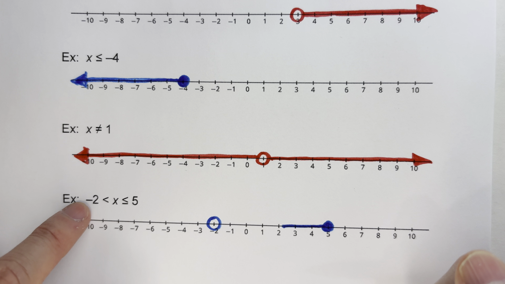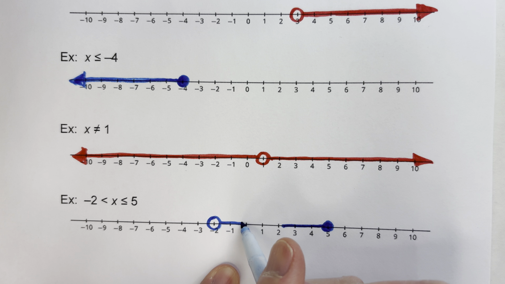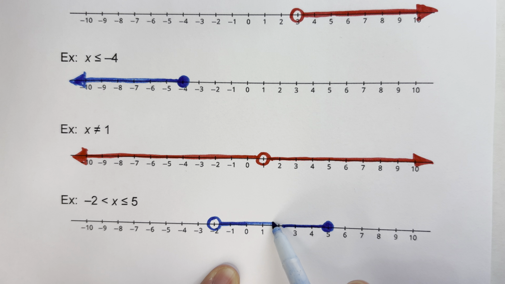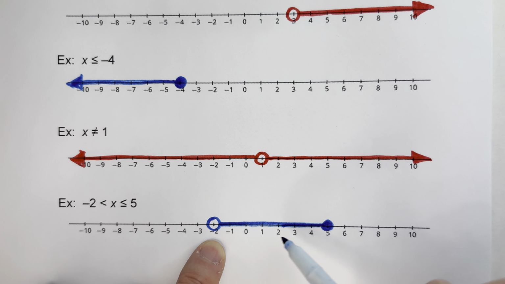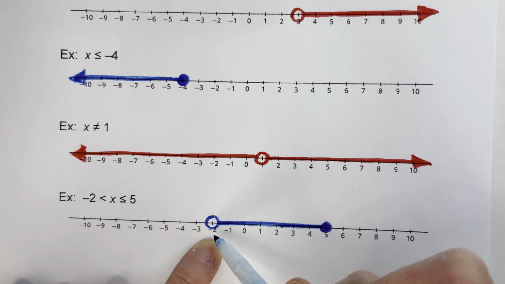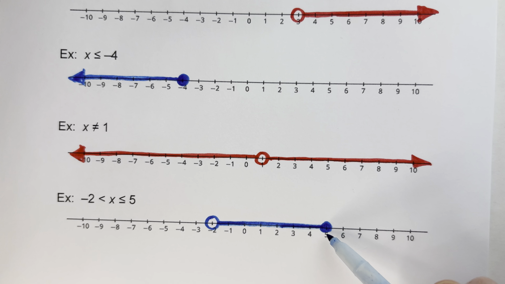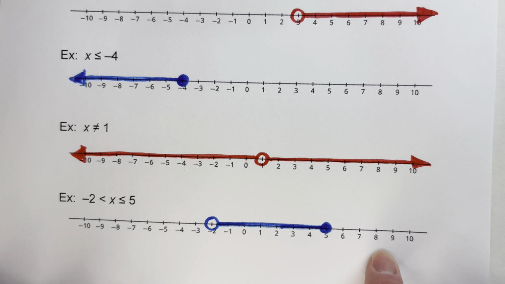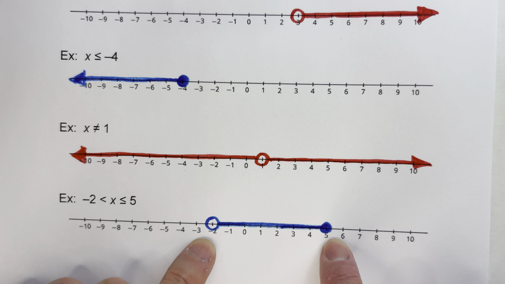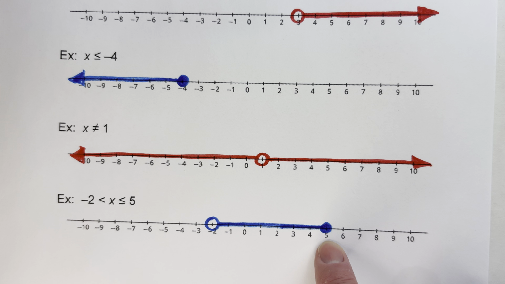This says X has to be bigger than -2, so it has to go this way. And notice, now we figured out all the possible values X can be. It could be any number in between -2 and 5, not including -2, but including 5. And that's what the graph of that combined inequality is going to look like. So notice there's no arrow on this one because it's not going to go on forever in one direction. It's between these two numbers, including 5.